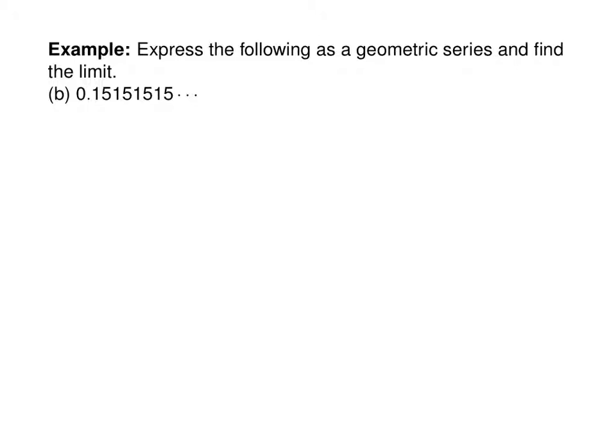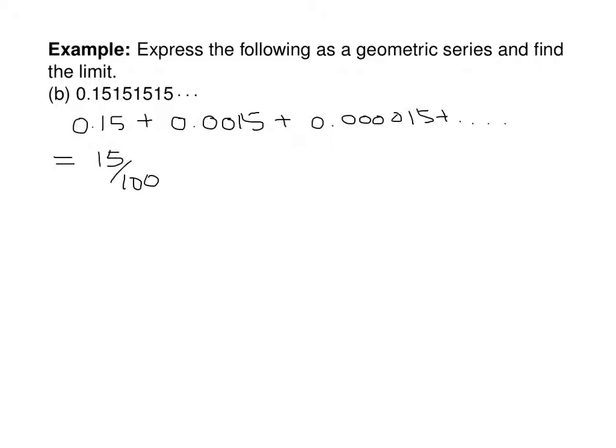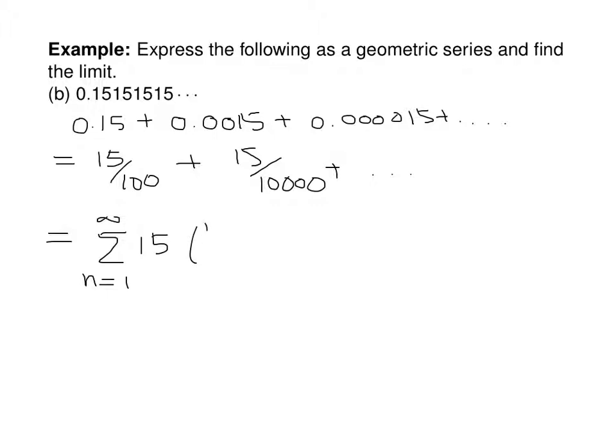So we can think about this as 0.15 plus 0.0015 plus 0.000015, etc. And that's the same thing as 15/100ths plus 15 over 10,000, etc. So a sum from, let's just say, n equals 1 to infinity, 15 times 1 over 100 to the nth.